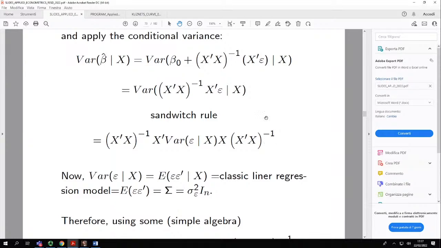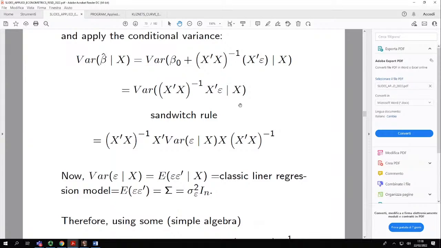Yes? You can shift it outside because it's a random variable and you are conditioning on it. In our case, X is the regressor, so it's data, a realization of the data. When you think about the data, you have to think about realization of a random variable. If I think of a realization of a random variable, I can treat it like a constant, because you are conditioning on that.